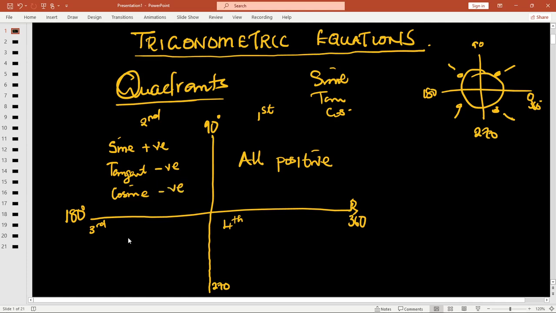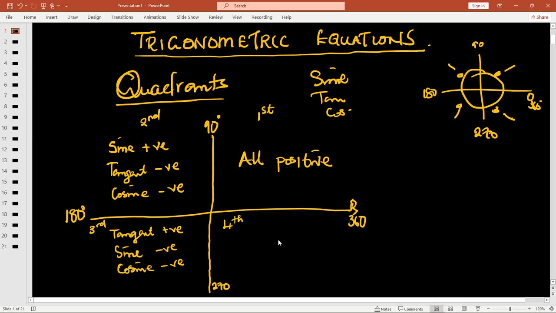Then when we go to the third quadrant, the only function that is positive is the tangent function, the sine function is negative, and the cosine function is also negative.